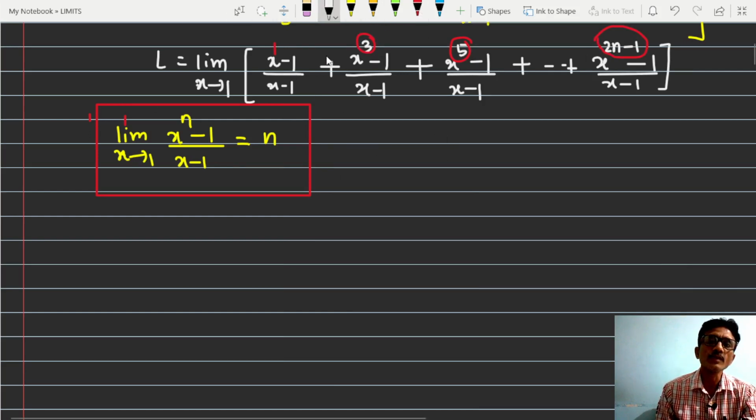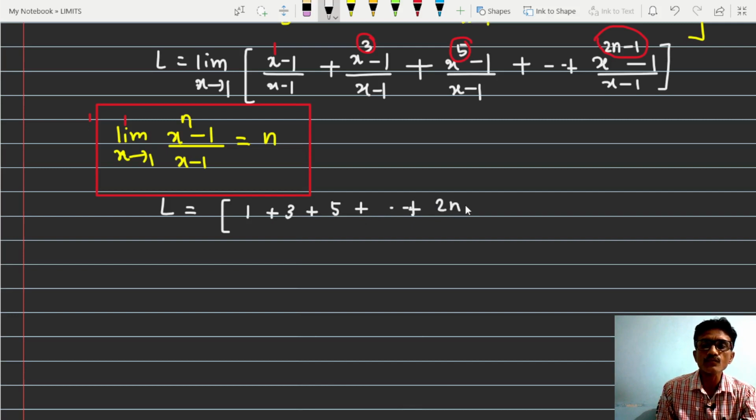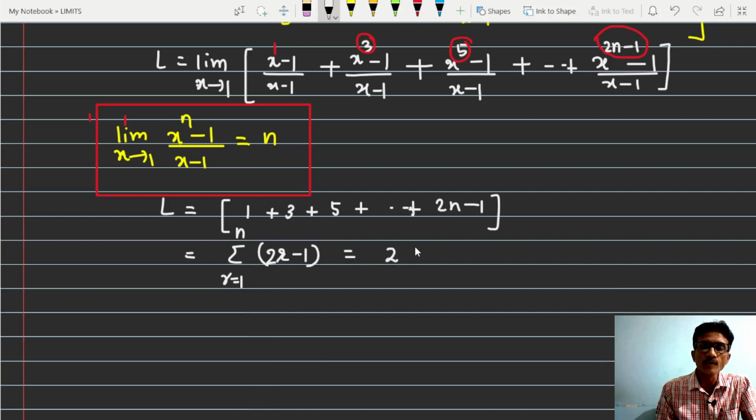तो this limit will be equal to what? L will be equal to ये लिमिट 1, ये लिमिट 3, ये लिमिट 5 और ऐसे करते लिमिट 2n माइनस 1 आएगा. Now this is nothing but summation of 2r minus 1 where r is equal to 1 to n. ये summation notation में हम लिखेंगे 2 times summation of r is equal to 1 to n minus summation of 1, r is equal to 1 to n.